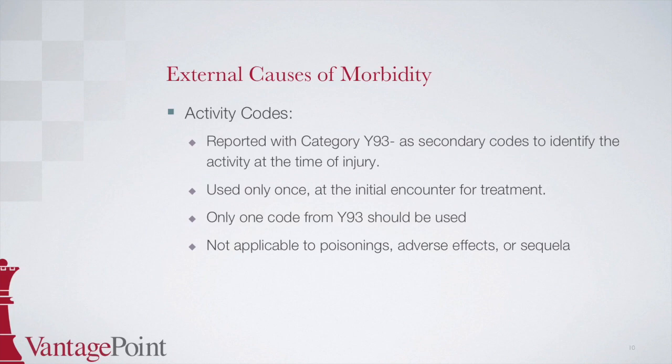Do not assign Y93.9 unspecified activity if the activity is not stated. An activity code is used only once at the initial encounter for treatment. Only one code from category Y93 should be recorded on a medical record. The activity codes are not applicable to poisonings, adverse effects, misadventures, or sequelae.